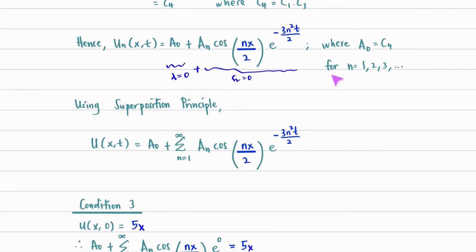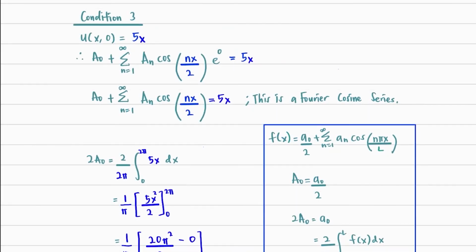Instead of writing for n equal to 1, 2, 3 until infinity, it will be summation n from 1 until infinity in front of the terms that have n. Finally, apply the third condition, u(x,0) equal to 5x, which means that A naught plus summation n from 1 to infinity An cos nx over 2 exponent 0 equal to 5x. Exponent 0 is equal to 1, therefore we will get this equation, which is a Fourier cosine series.